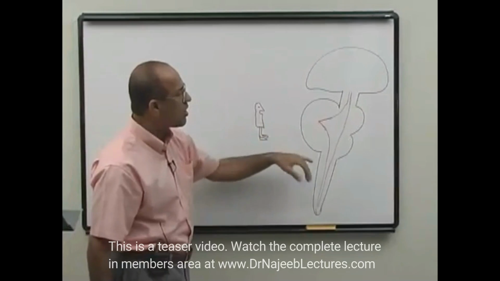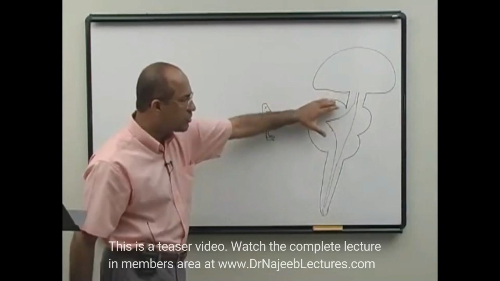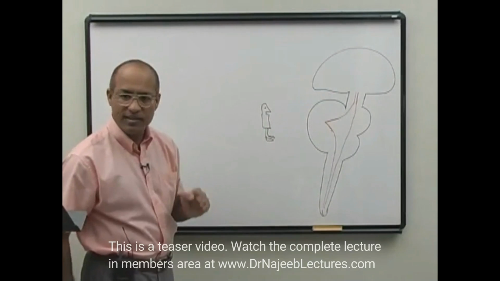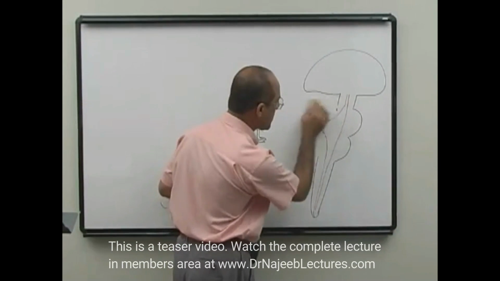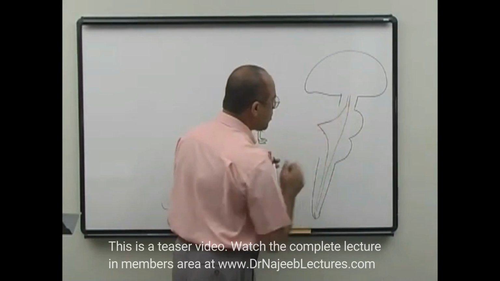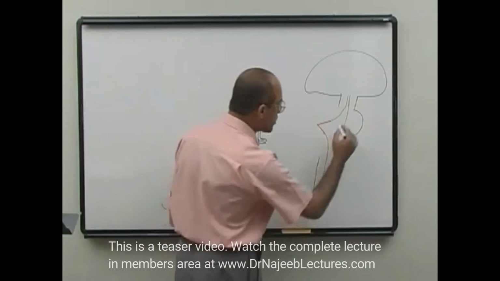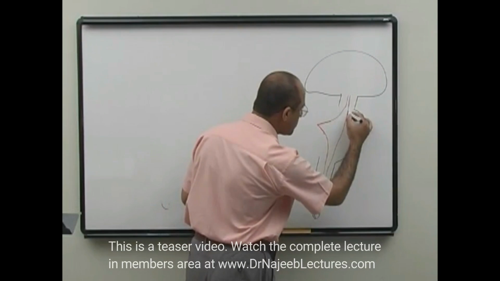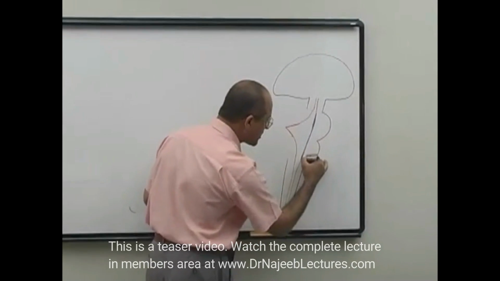So if you really want to understand the back of the pons, you should remove the cerebellum from here. So let's remove the cerebellum. When we remove the cerebellum, we'll see the fourth ventricle.